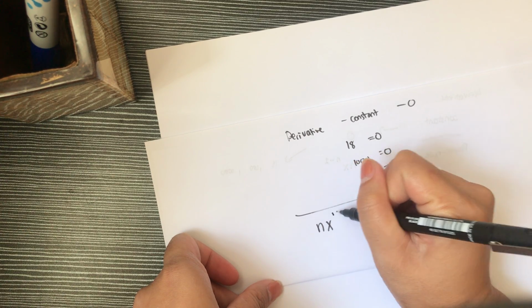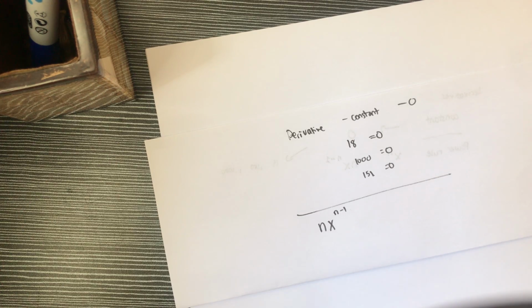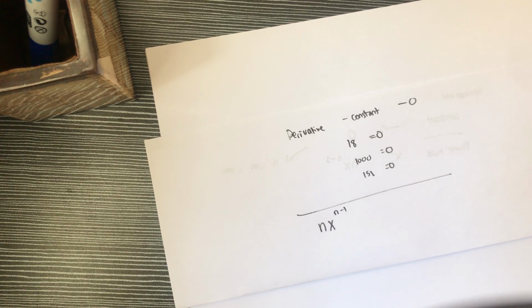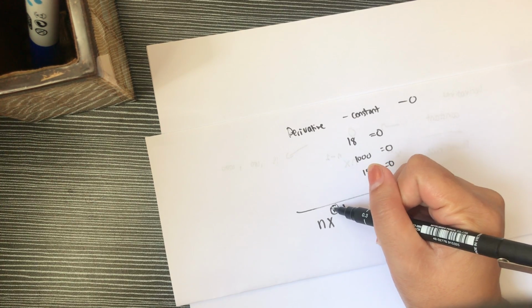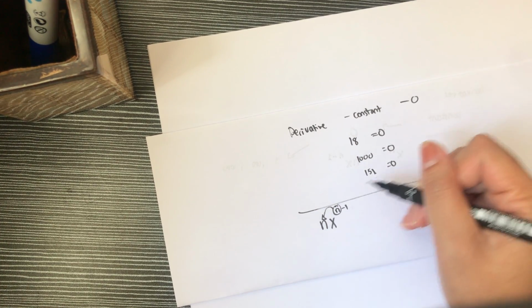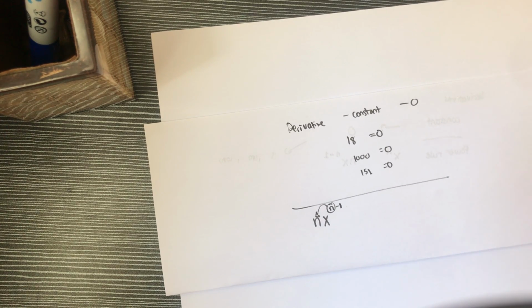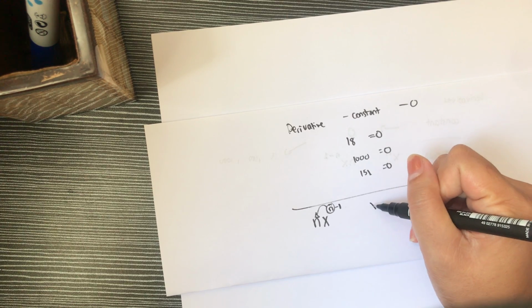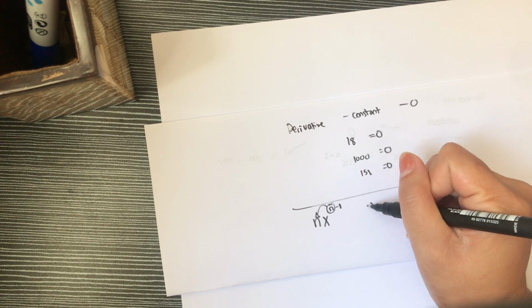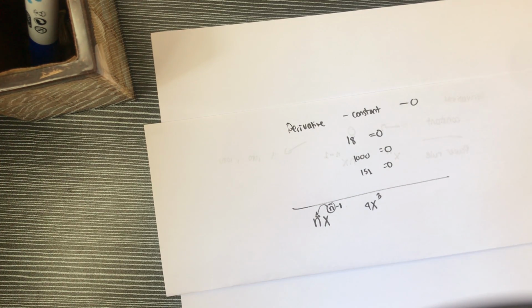Okay? So let's say this is the format of your power rule, which tells us that the first thing you need to do is you multiply this power here to your coefficient, and once you're done with it, you deduct 1. Okay, example, let's say 4x raised to the third power.